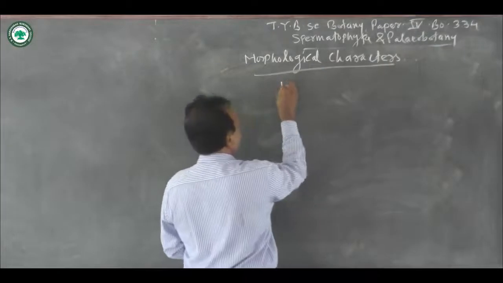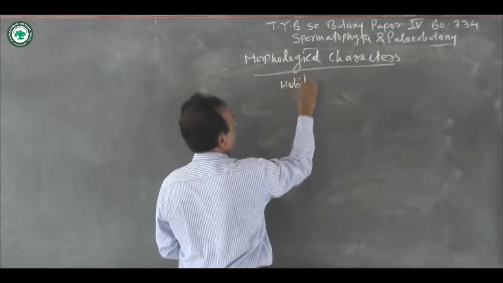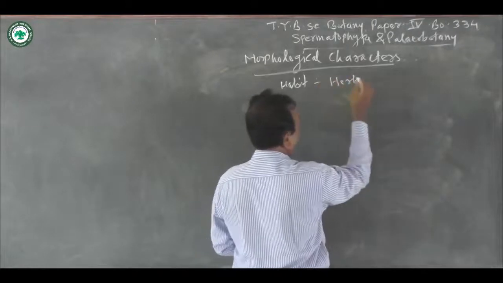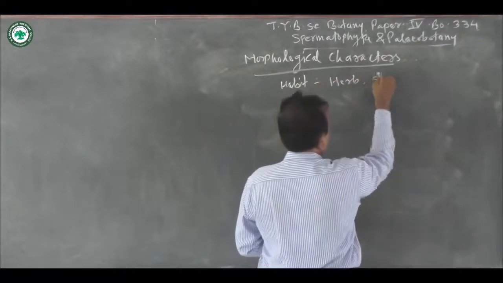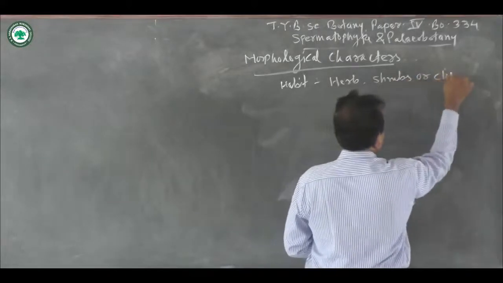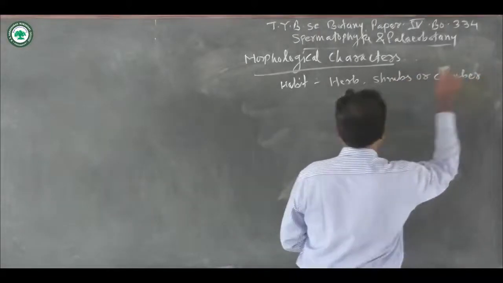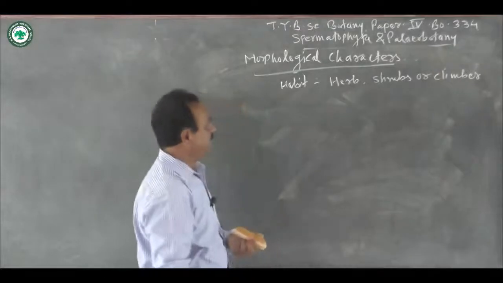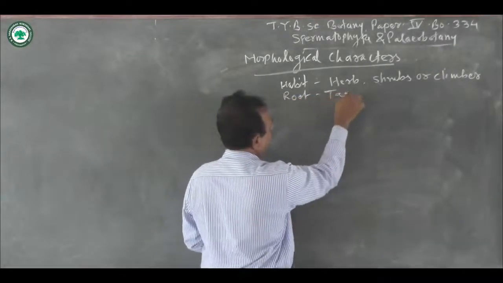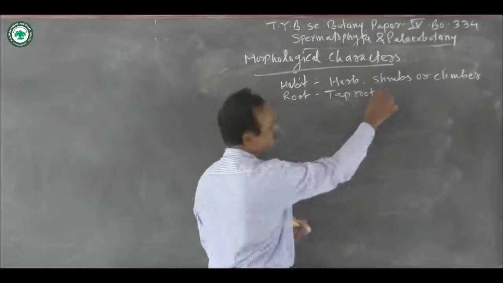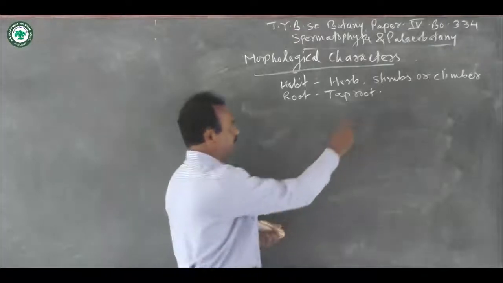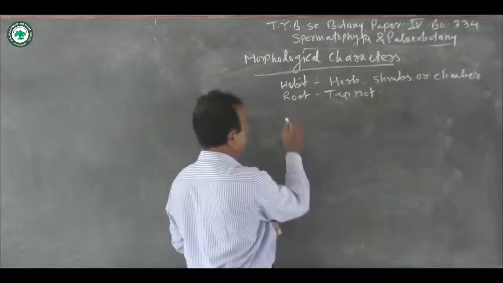So if we see the habit of the plants, the plants of this family may be herbs, may be shrubs, or may be climbers. So it shows the presence of diversified habit. As it is a dicot family, it shows the presence of the taproot system.